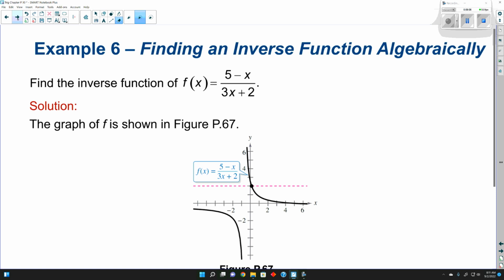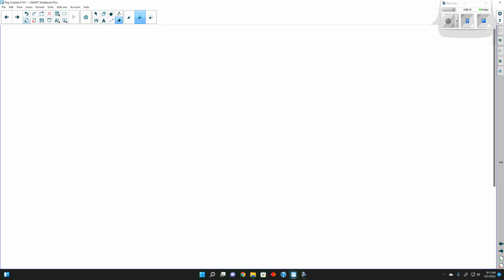So actually, this here is a good one: (5 minus x) over (3x plus 2). Now, for the most part, we've found inverses of lines. You've found inverses of some quadratics, but that's about it, because we don't delve too much further into this. And I'm racking my brain.